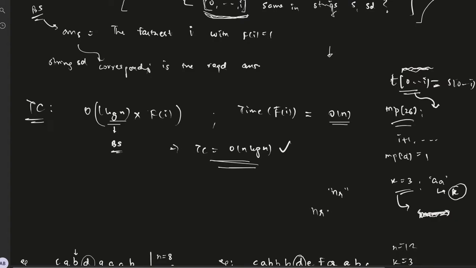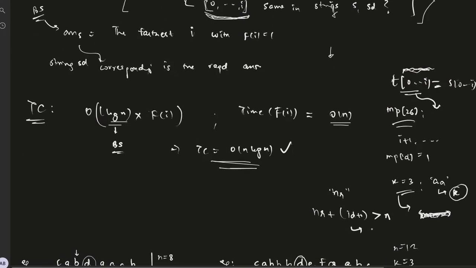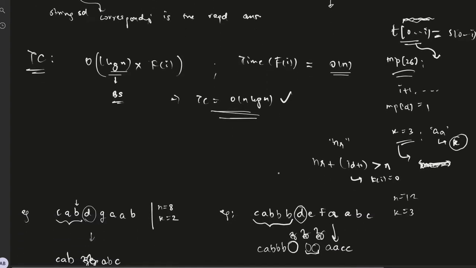If nr plus the number of characters we already have, that is I plus 1, exceeds n, then f of I would be 0 because we can't get a beautiful string. Else we define nl, the number left, as n minus (nr plus I plus 1).